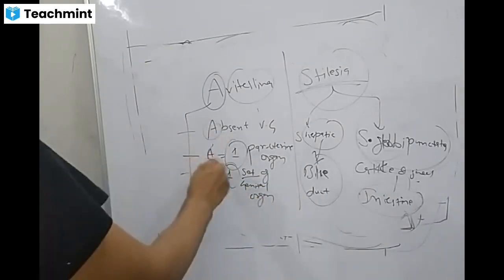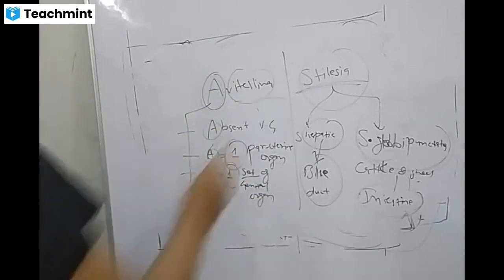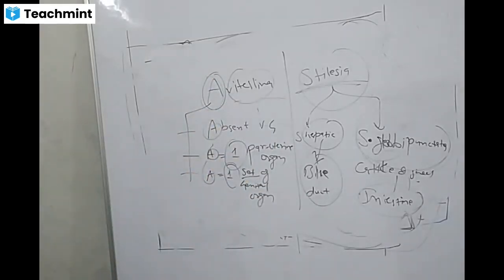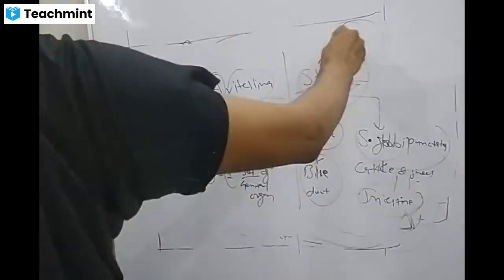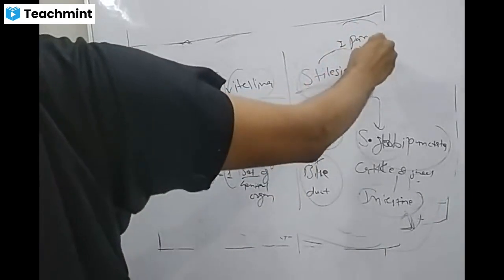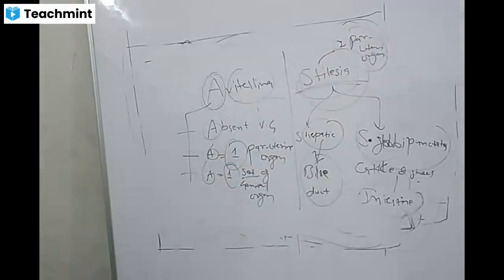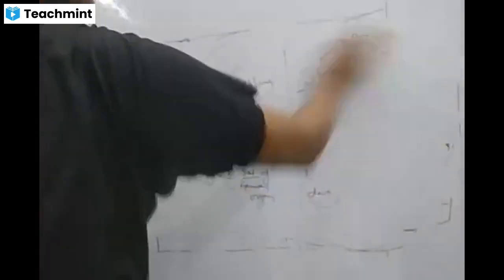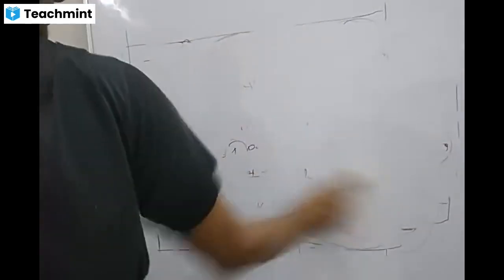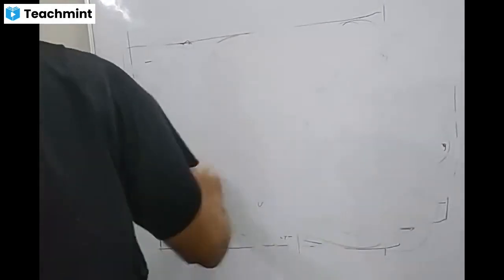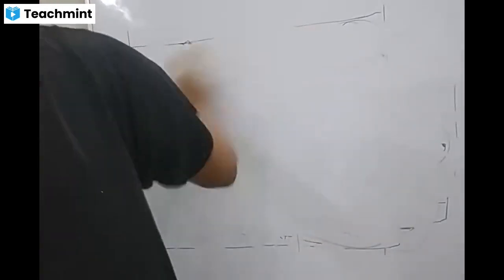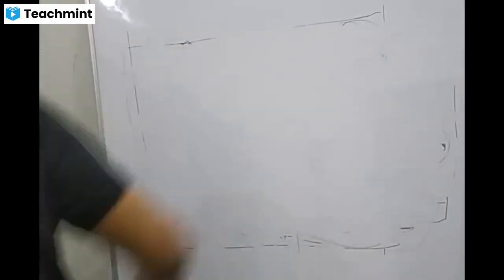So these are three MCQs with Avitellina: no vitelline gland, one uterine organ, and one set of genital organs. In case of Stilesia, you have two uterine organs. Sometimes they are small in morphology also. So these were some important cestodes previously asked in your exams.